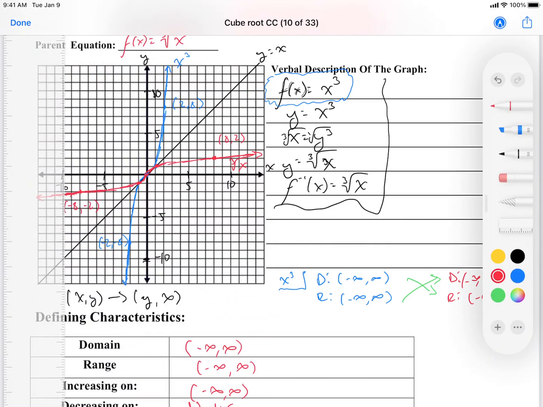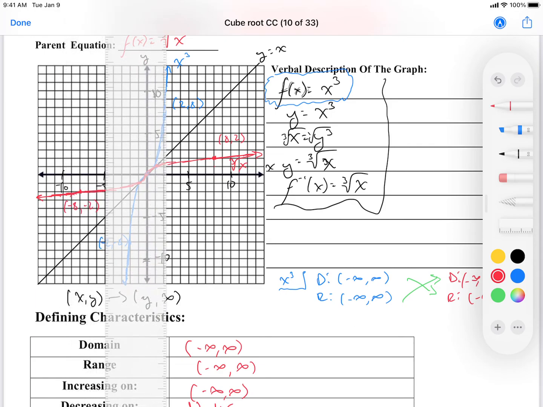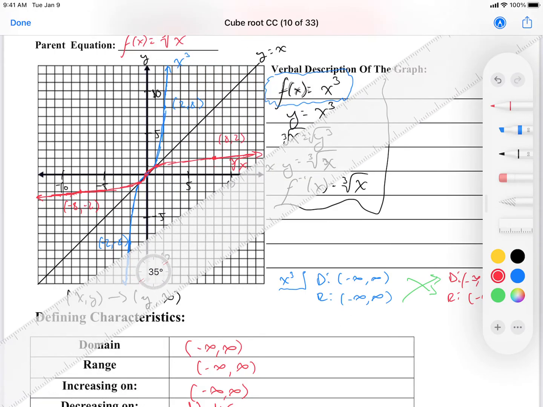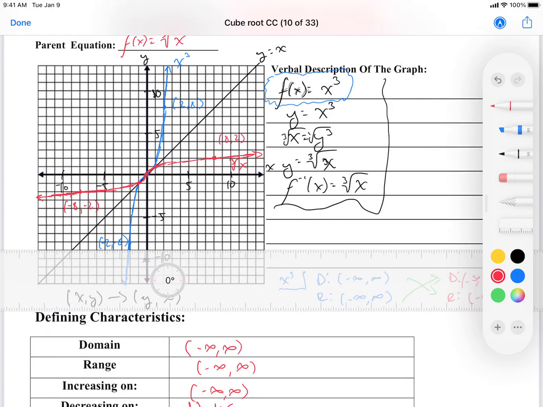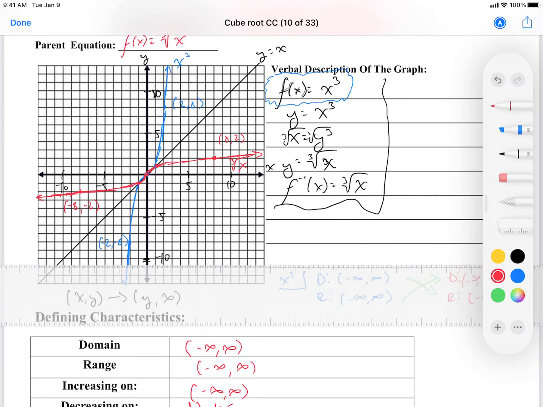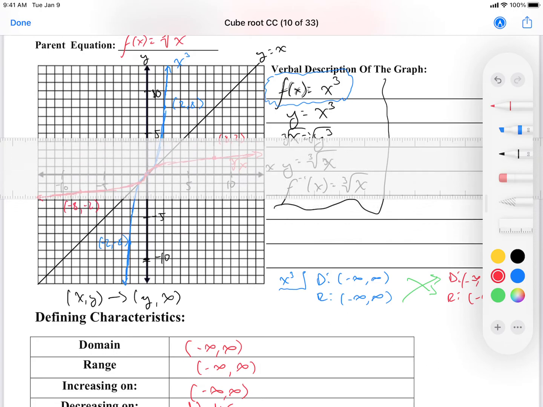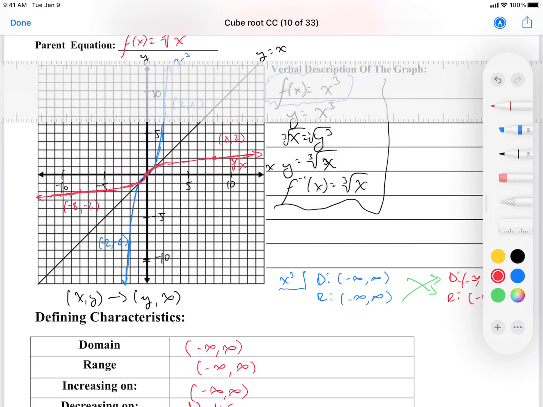If I use the vertical line test, this tells me that yep, this thing's a function, because my graph never touches this ruler in more than one place. Now to determine if it's one-to-one, I use the horizontal line test, and we see that the graph never touches it in more than one place. So this function is one-to-one.